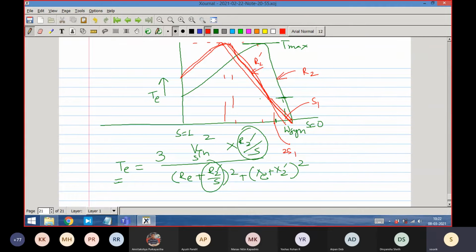So I am sure that this will also reach the same value of peak torque, as long as I have the same supply voltage and the same synchronous speed, omega sin.